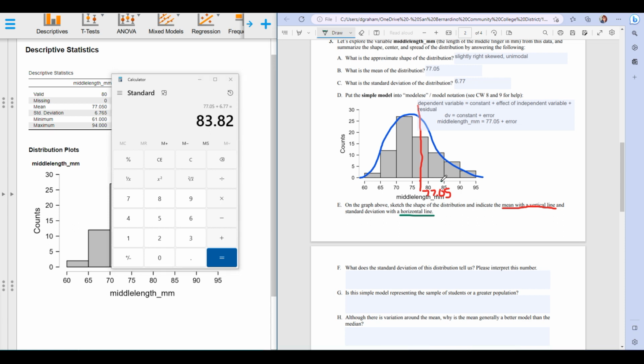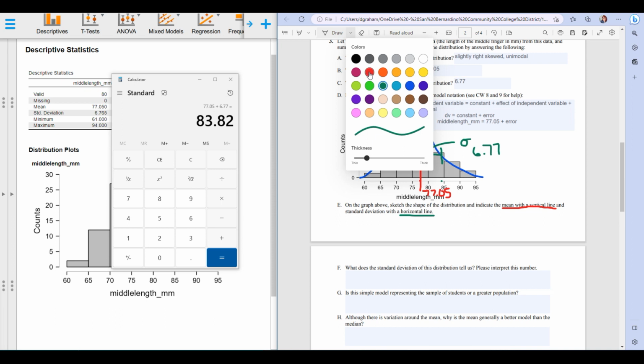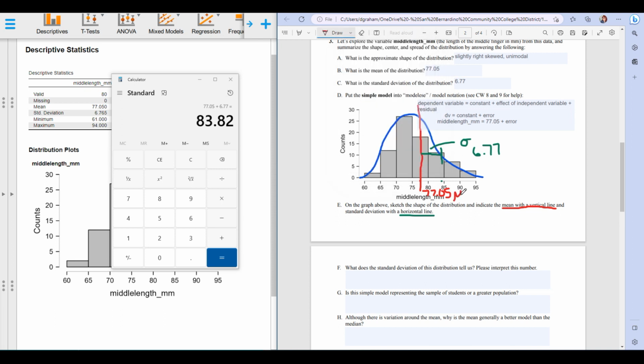So probably around like here. So I can represent this as there is my standard deviation, right? And in this case, we're using 6.77 as our approximation. And this would be our approximation of our mean here.